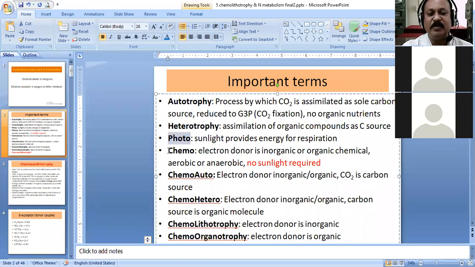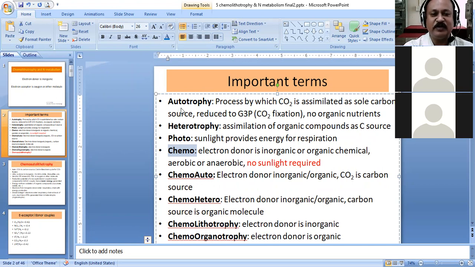And when we use the term chemo, it means that these organisms cannot use sunlight for generating ATP and also for generation of biomass. The electron donor is inorganic or organic. The organism could be aerobic or anaerobic, but essentially these are the organisms which do not use sunlight. Then we have the chemoautotrophs and chemoheterotrophs.